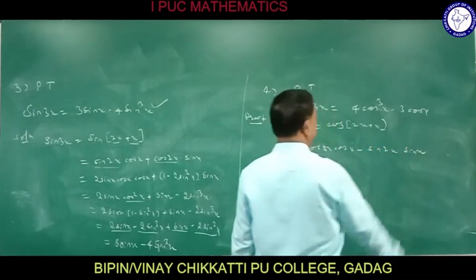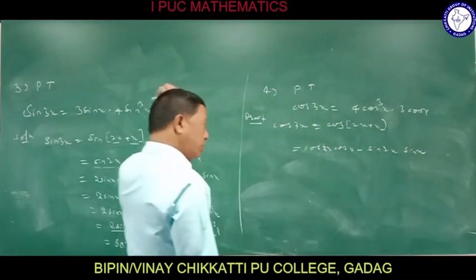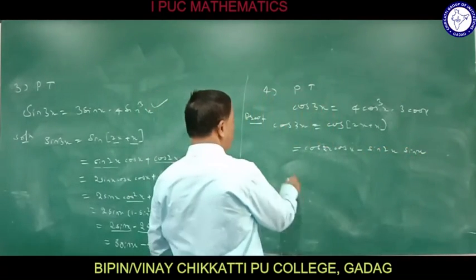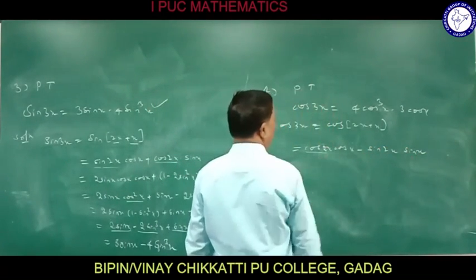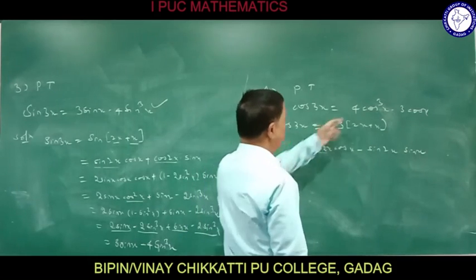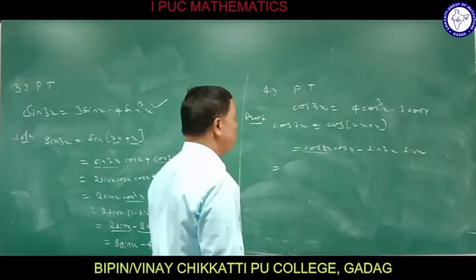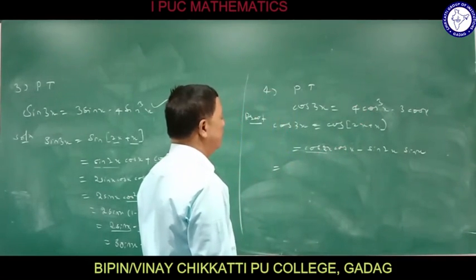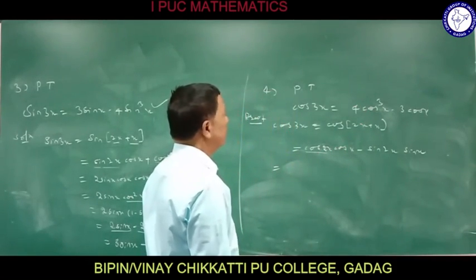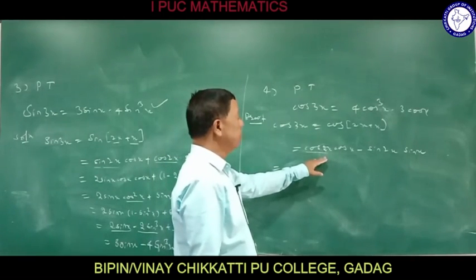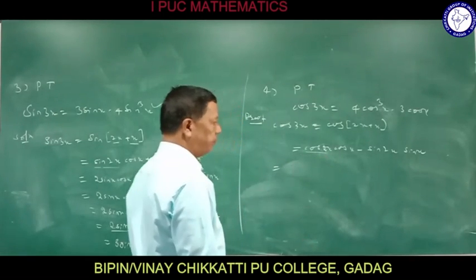This is the formula. Here x is 2x and y is x. What is the formula for cos 2x? You have to substitute. Cos 2x has 3 formulas, but since the answer is in terms of cos only, you have to use the cos 2x formula in terms of cos only.